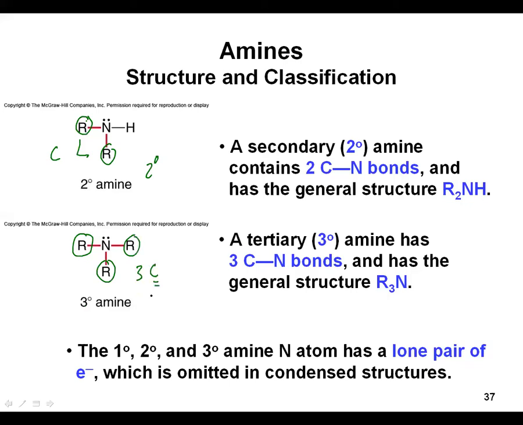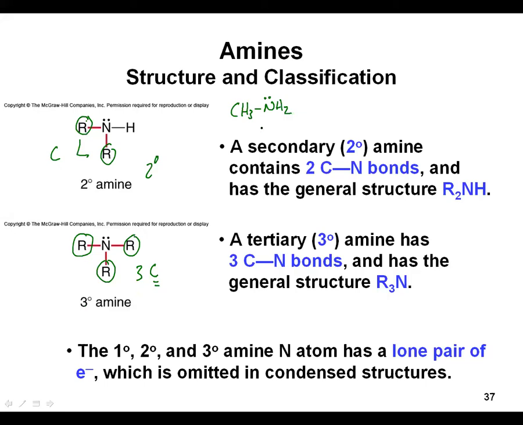The nitrogen in the primary, secondary, and tertiary amine does have a lone pair. Oftentimes in condensed formulas, we don't write them. So if you had something like this, that's how you'll see it. In reality, there is a lone pair of electrons on that nitrogen, although a lot of times it is omitted in the condensed formula.